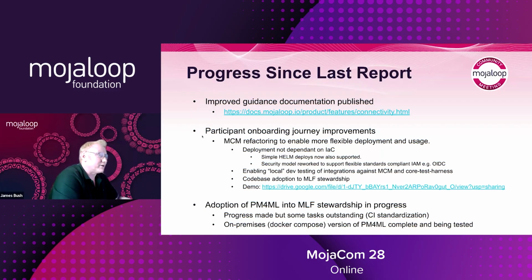The MCM refactoring has been significant because up until recently, MCM was quite tightly coupled to our infrastructure as code deployment. So it made it hard for people to test and experiment with the onboarding process without a production quality deployment of Modular, which is obviously quite a large and costly thing to do.